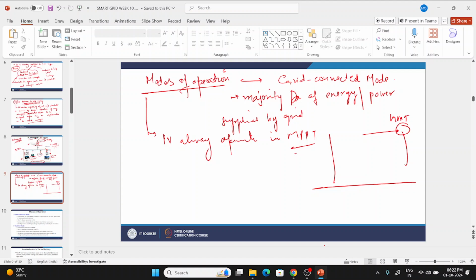Now in this mode of operation, the battery either charges or discharges based upon the reference command.